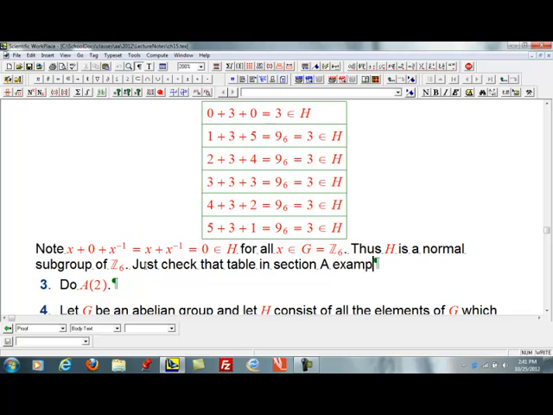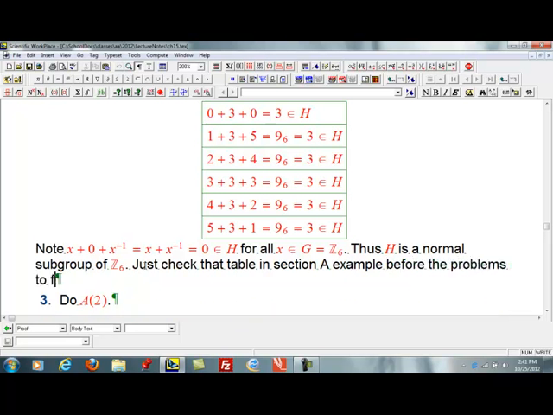This is a section A example before the problems. They actually did not prove that it was a normal subgroup. You have to verify that before their table identities work. Okay, A2 is one of your homework problems. And you guessed it, it's looking just like what we just did.